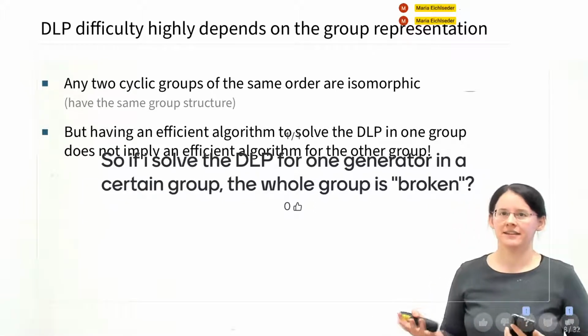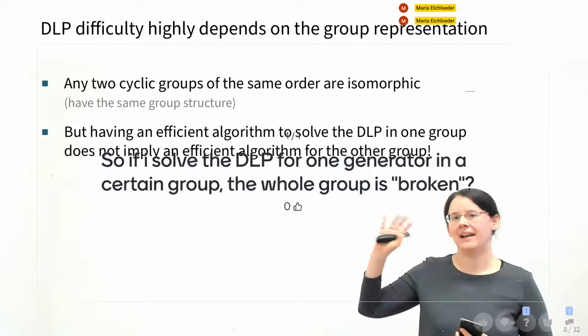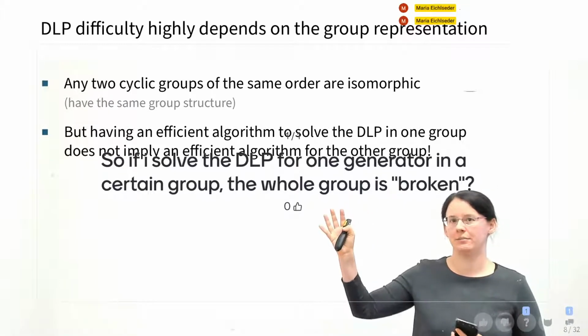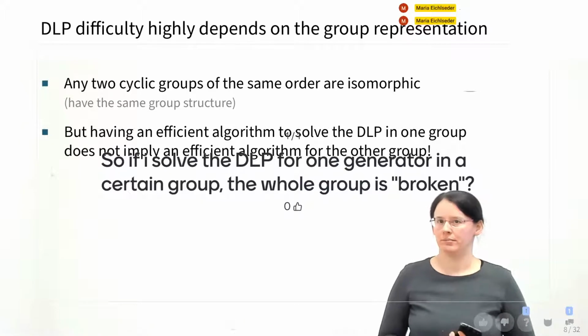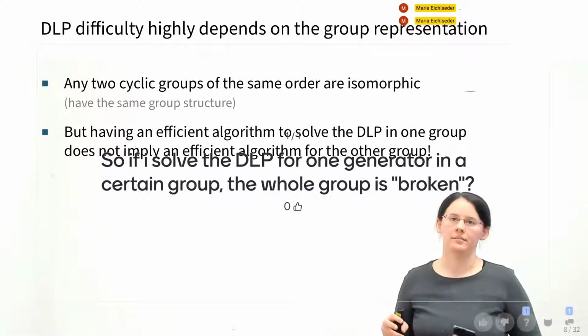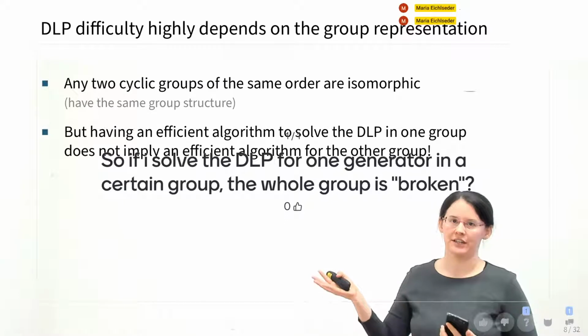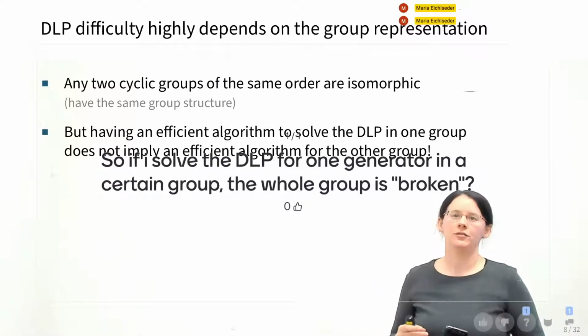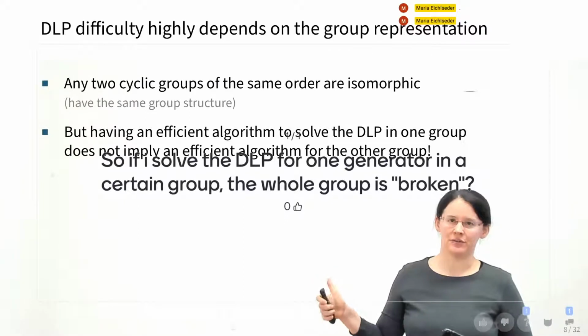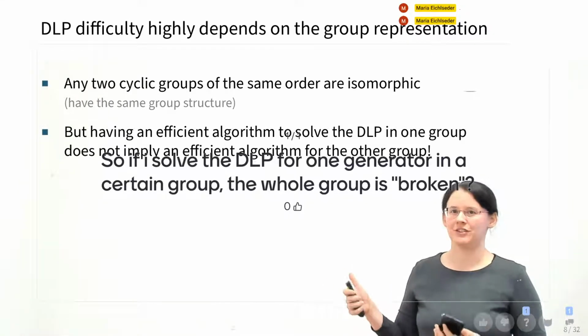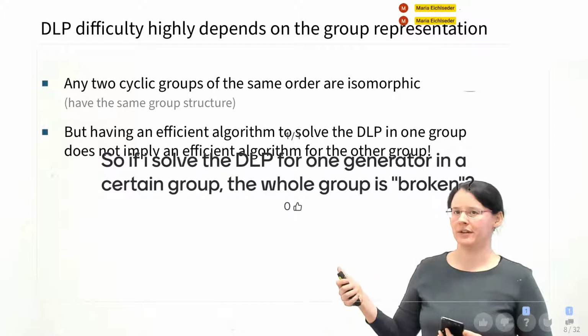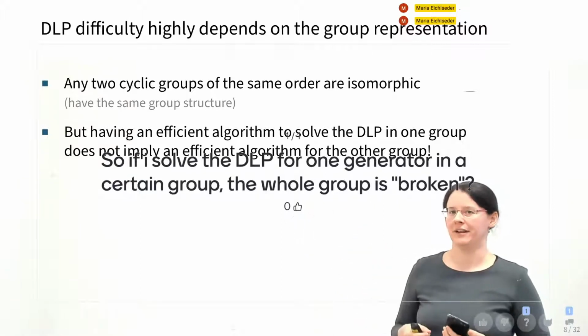Yes, in the sense that if you have an algorithm that generally solves the DLP for one generator, then the whole group is broken, because all of its generators are equally weak. If you solve just one individual discrete log problem, like for one challenge value, and you don't have a general efficient method for the other ones, then you can't necessarily break anything.